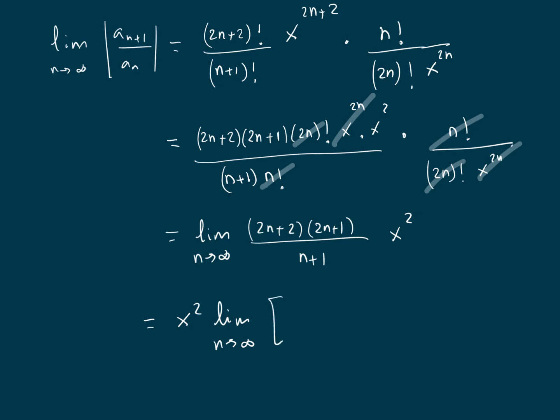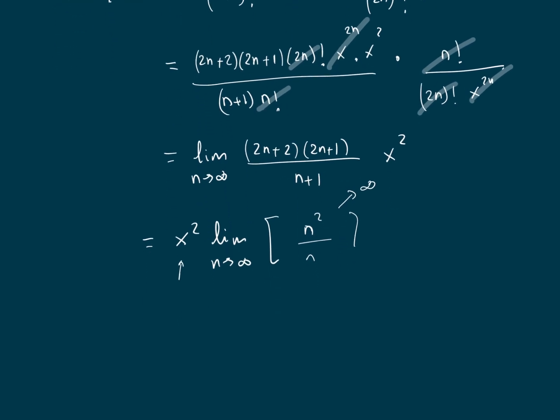This expression goes in the numerator like n squared, and in the denominator like n. So for sure, this expression will go to infinity. So whatever the x I put here, x times something that goes to infinity will go to infinity. So this will be bigger than 1. So the series diverges for all x.